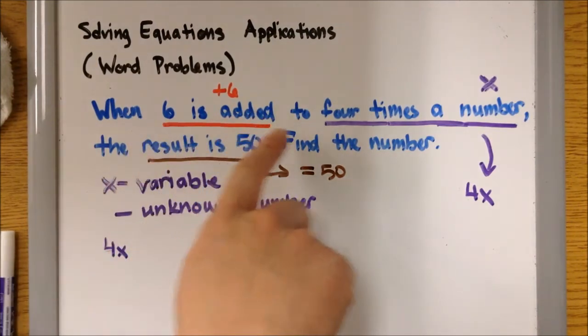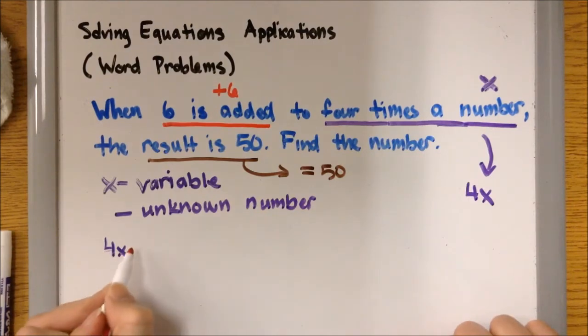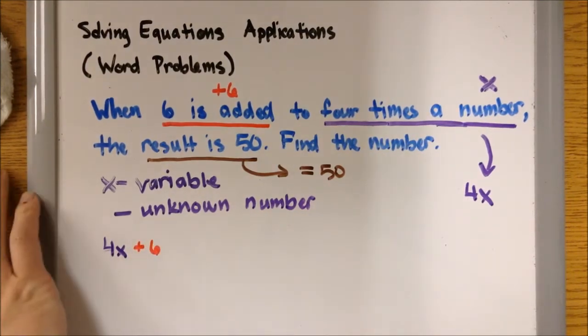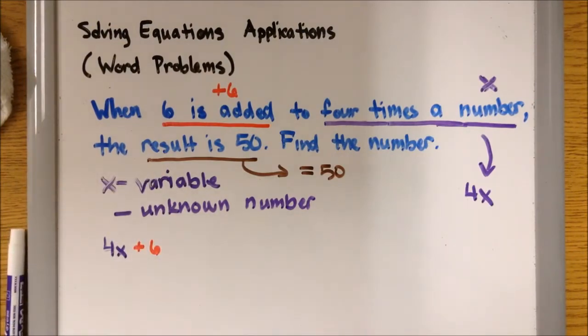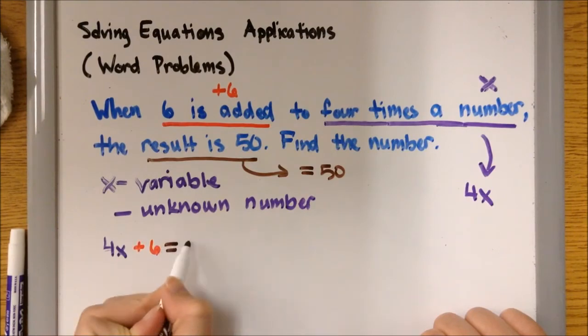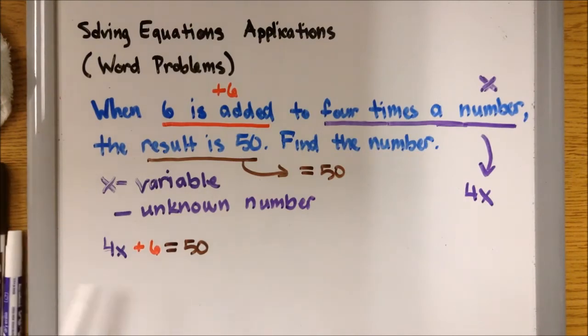When 6 is added to 4 times the number, you're going to add 6 to 4x, so plus 6, and the result is 50. So the whole expression will equal 50. So we have our equation: 4x plus 6 equals 50.